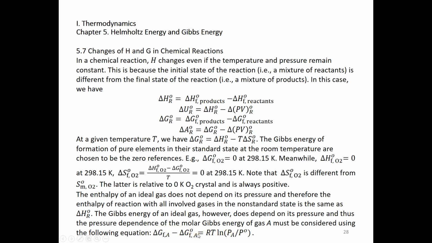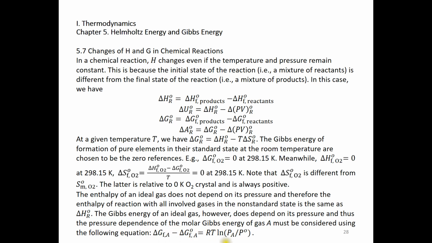And why is this? Well, it's simple. dG is negative S dT plus V dP. If the temperature is held constant, dG is just V dP. For an ideal gas, V dP is just nRT over P dP. Therefore we can integrate this nRT over P dP.